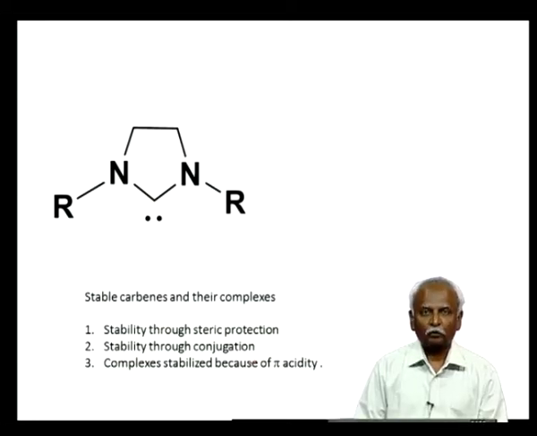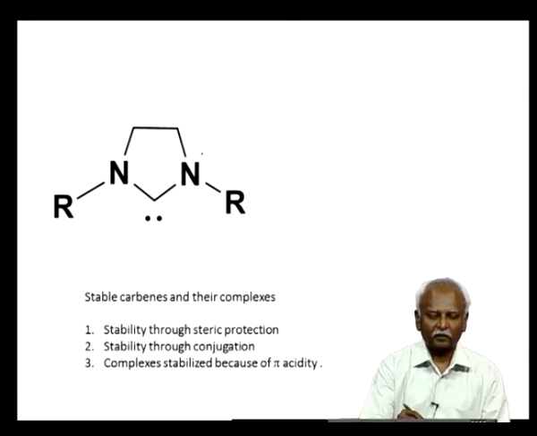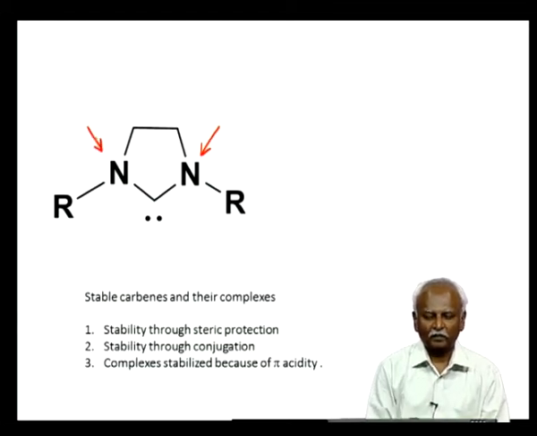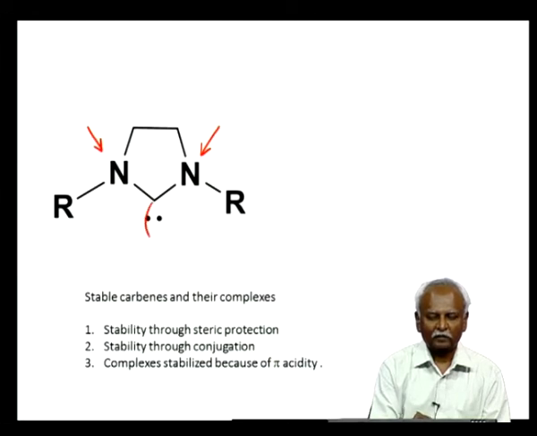In the lecture on N heterocyclic carbenes, we encountered carbenes which have two nitrogens or two heteroatoms, and these are the two heteroatoms that we are talking about. These two heteroatoms are stabilizing the carbene carbon, which is having a pair of electrons which can be donated to the metal atom.